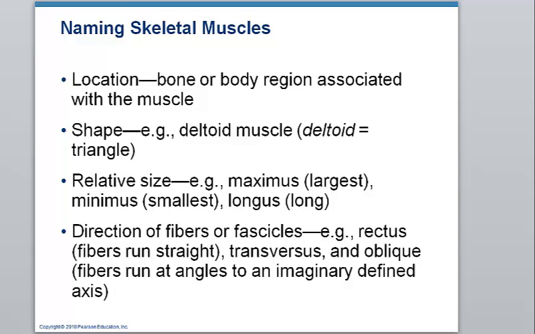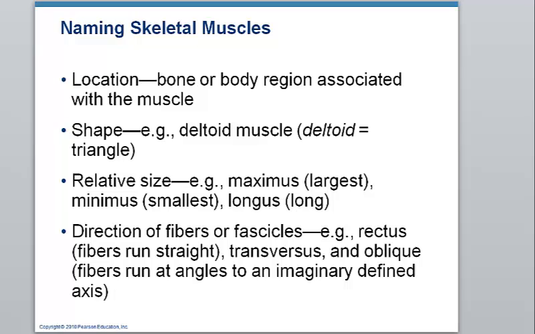Naming of skeletal muscle. The example that I'm going to give you will help you understand: rectus abdominis. So you know from the name rectus abdominis that rectus means it is straight. Okay, abdominis is where your abdomen is. So this muscle is straight and is located in your abdomen.